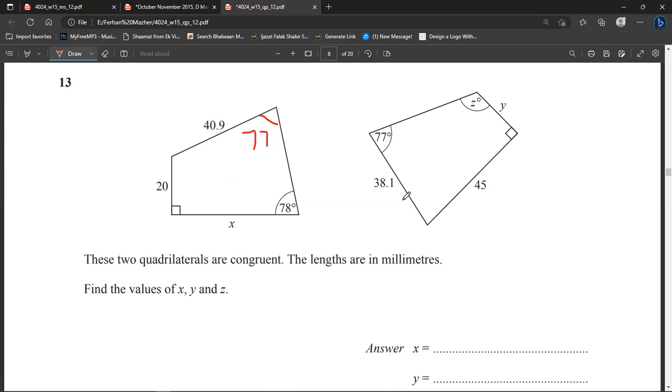Then this angle, that is a z angle, okay. And this is y, so this y will be how much? That will be 20, because they are congruent. This will be 40.9.